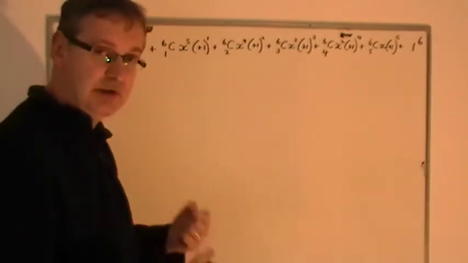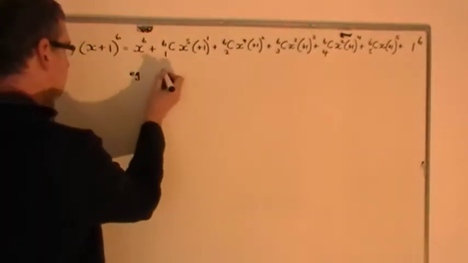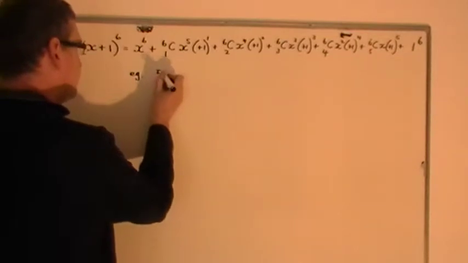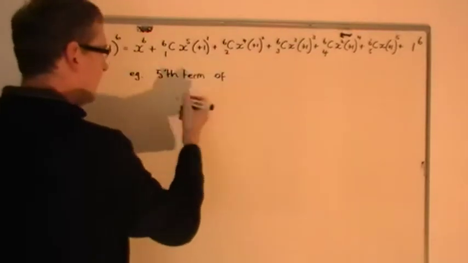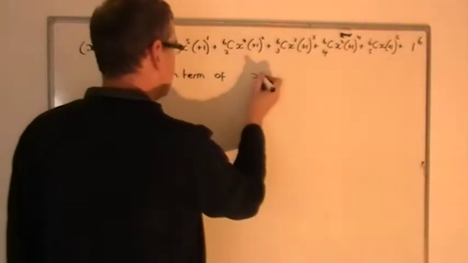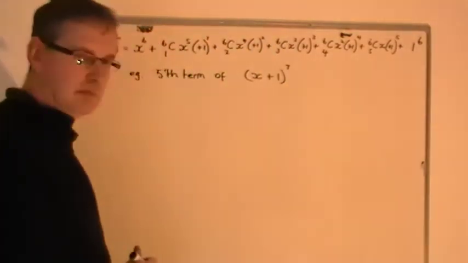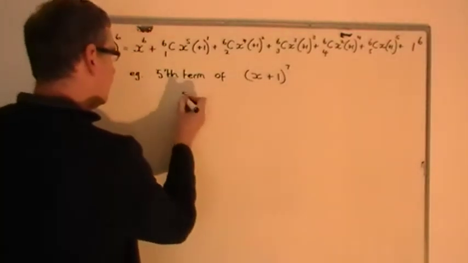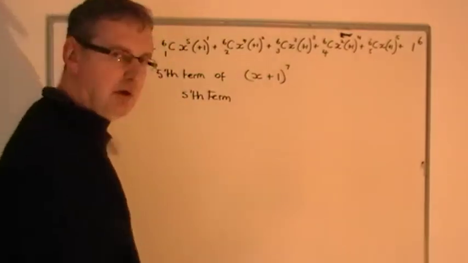Easy ones, but they're still typical exam style. So for example, let's say they ask you to find the 5th term of an expansion. Let's just do it nice and easy, x plus 1 to the power 7. So I want to know what the 5th term is. You do not need to expand out the whole thing.